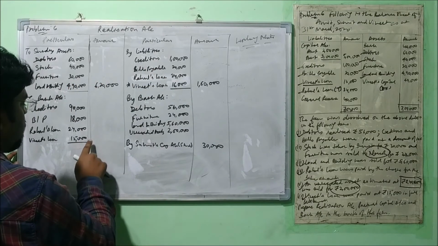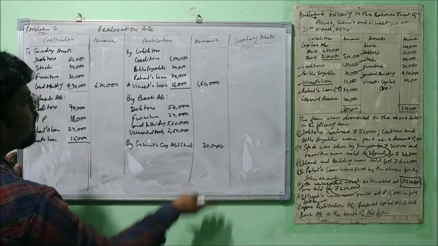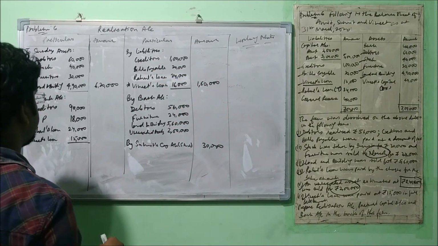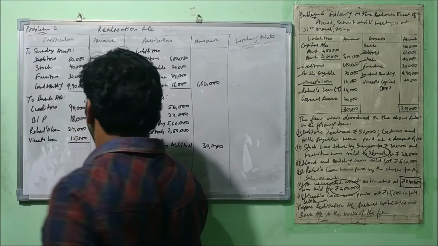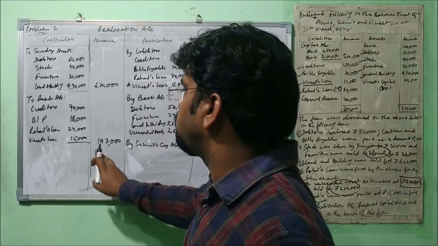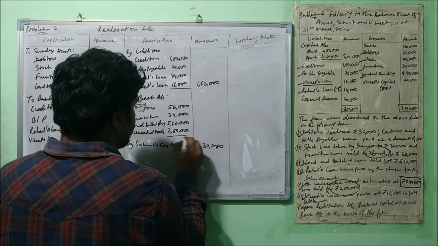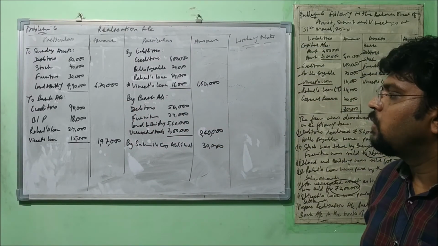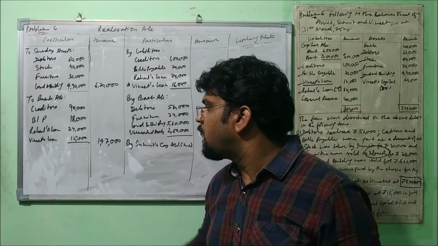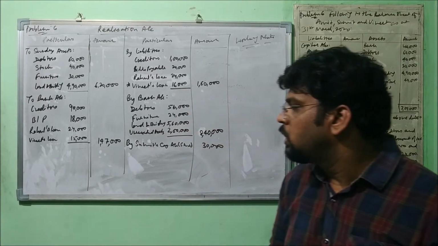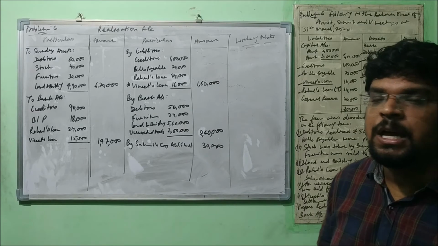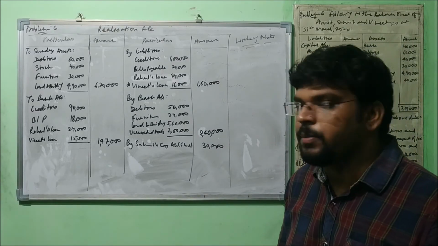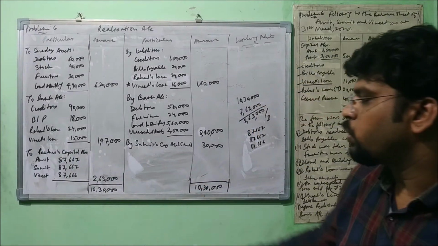Now we can make the total of these two sides and calculate profit or loss on realization. This side comes out 1,47,000. The assets were realized totally at rupees 8,40,000 and liabilities were totally paid at 1,47,000. Now let's make the total of the other sides, and the profit or loss, whatever it is, will be transferred to partners' capital accounts.